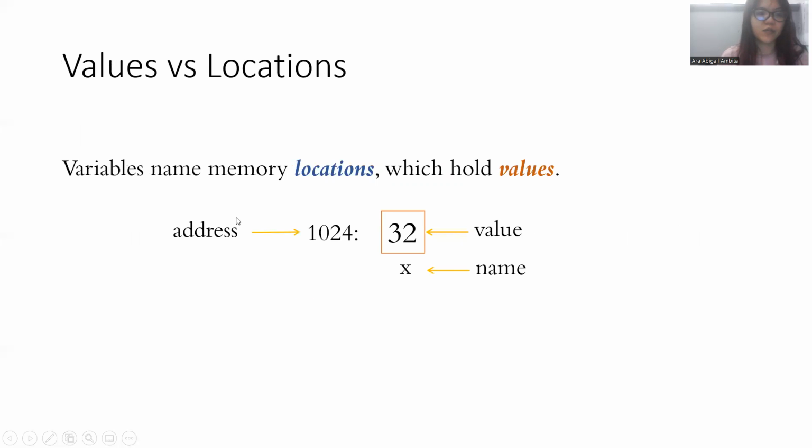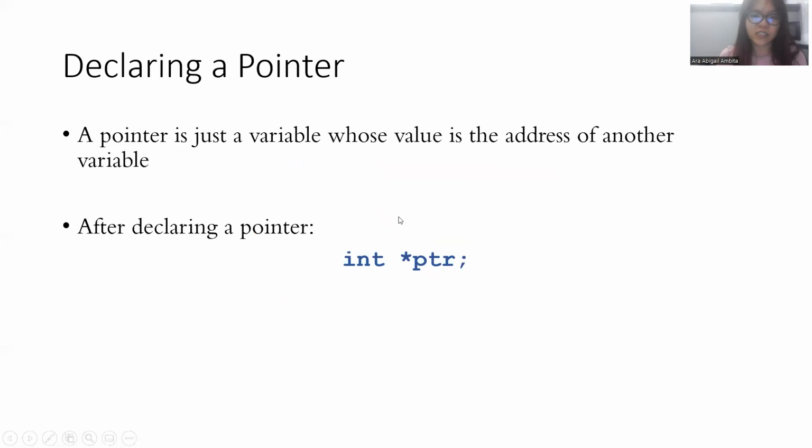So the variables name memory locations which hold values. This 1024 again is just the address, X is the variable name, and 32 is just its value. When we declare a pointer, it is just a variable whose value is the address of another variable.